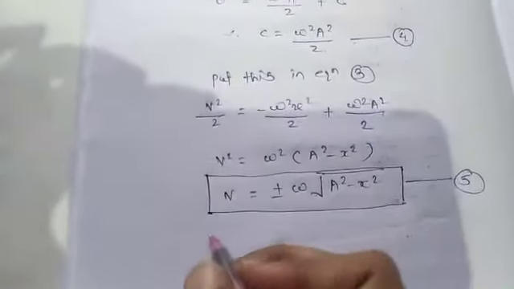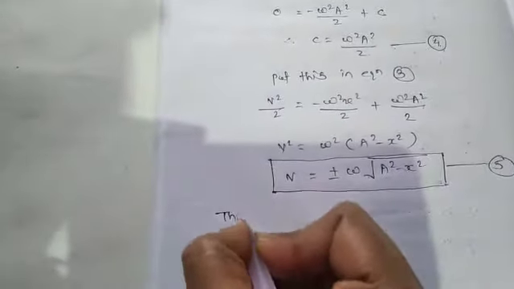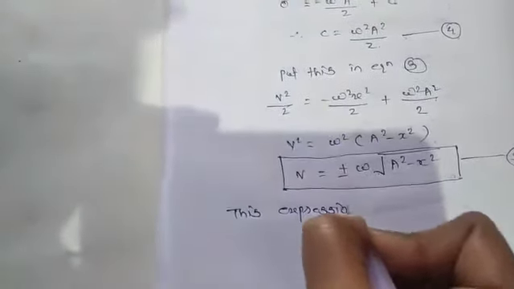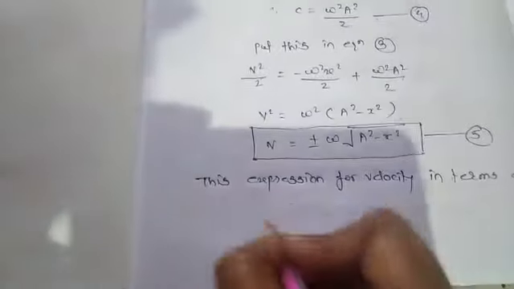This is equation number 5, and this is the expression for velocity in terms of displacement.